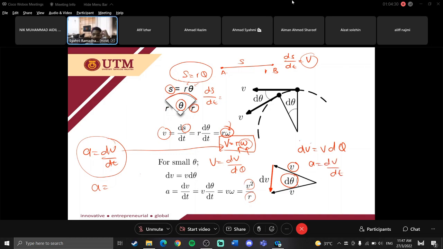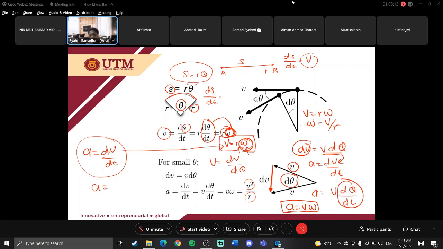We substitute dv equal to v d theta into this equation, so we have a equal to v times d theta over dt. D theta over dt is actually omega, so a is equal to v omega. We have v equal to r omega, so omega is equal to v over r.